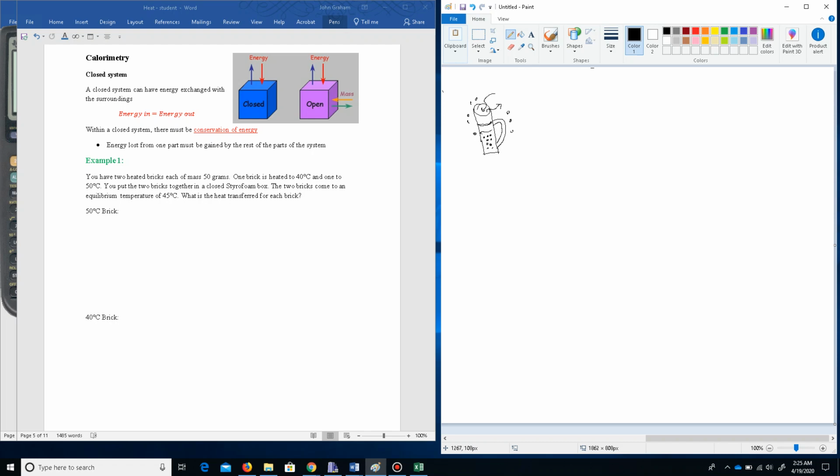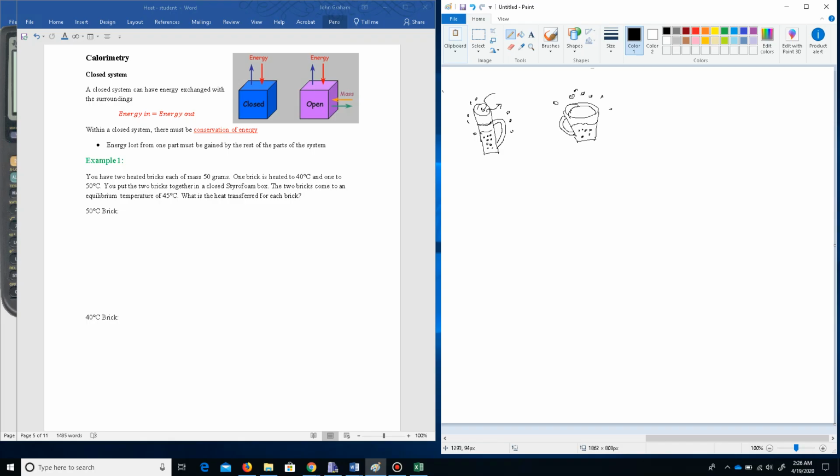Open system be like just, say, a cup with the liquid. There's no lid, so you can see it inside the cup. Right? You have particles inside, you have particles outside.